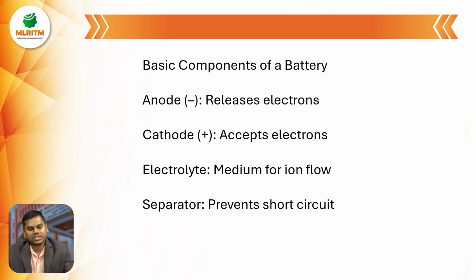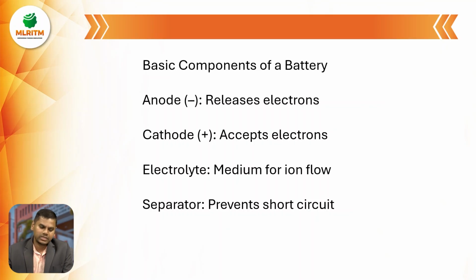What are the basic components of the battery? The basic components are anode, cathode, electrolyte, and separator. The anode indicates minus, so it releases the electrons. The cathode indicates plus, so it accepts the electrons.